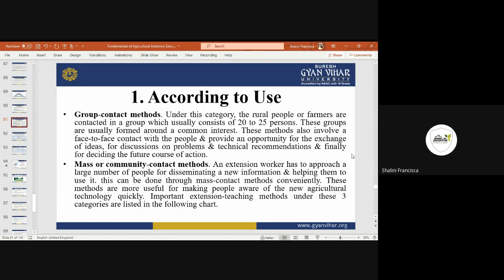For example, if there is an irrigation problem, or a transportation or market problem, where people are not able to go to the market and sell their products.